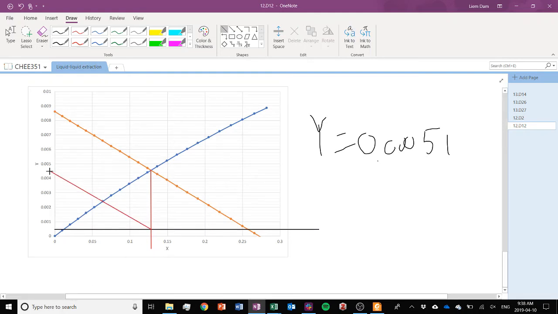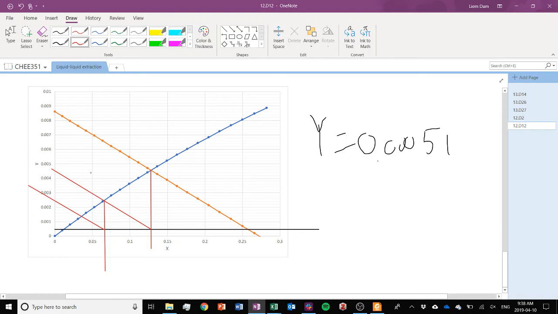So draw something that's roughly parallel, and it's going to intersect the equilibrium line at another stage. So once again, you're going to draw a straight vertical line down until you reach your air concentration. Then you're going to draw another operating line.